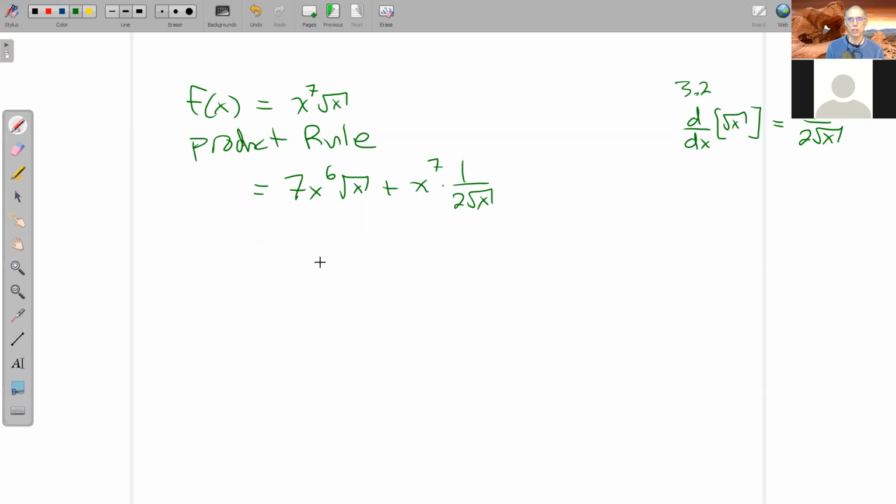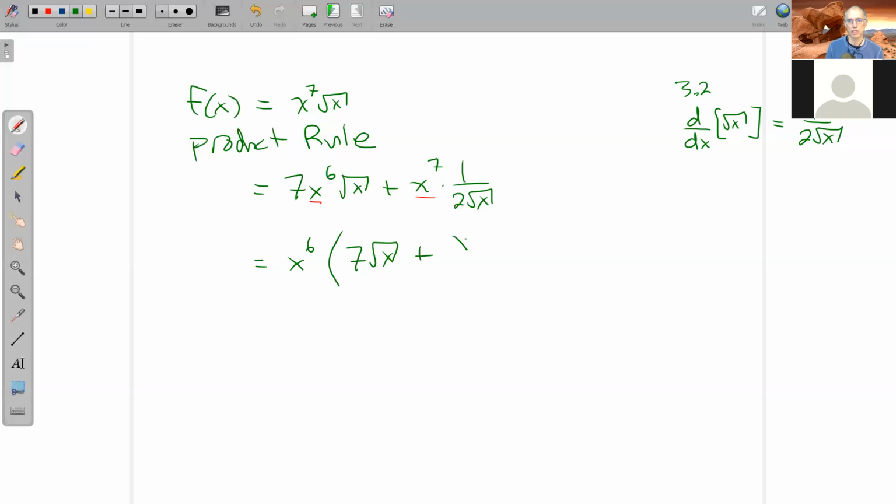First thing I would do here, I think, is factor out the common factor. And so we can pull an x to the 6th out of each. And so that's going to leave me with 7 square root of x plus, and here, that's just an x is left.